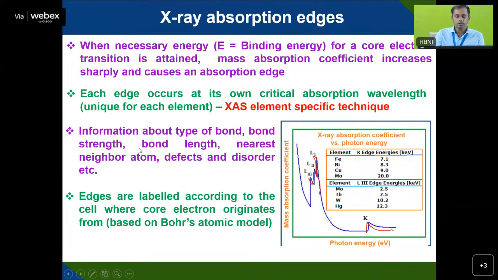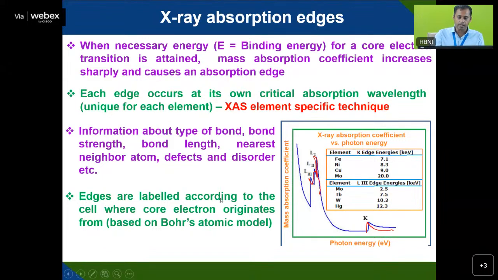The information you can get from here includes bond length, bond strengths, the nearest neighboring atoms, defects, and disorder. This is nearest neighboring information that you can't get in the X-ray diffraction technique. Bond type and bond length you can get in single crystal X-ray, but in X-ray absorption spectroscopy you are able to get near neighboring atom distance and disorder.